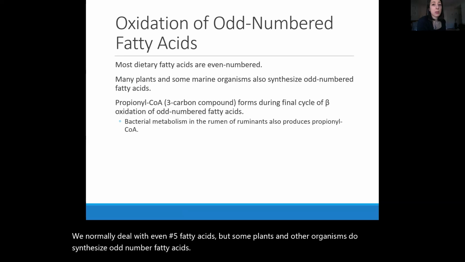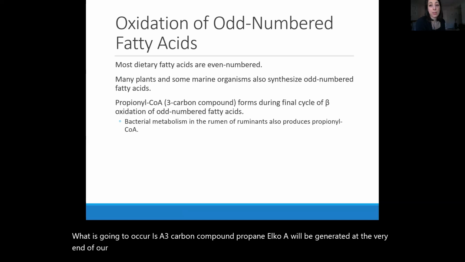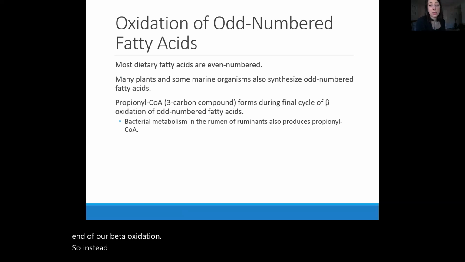What is going to occur is a 3 carbon compound, propionyl CoA, will be generated at the very end of our beta oxidation. So instead of finalizing in one last acetyl CoA, it will finalize in a propionyl CoA.